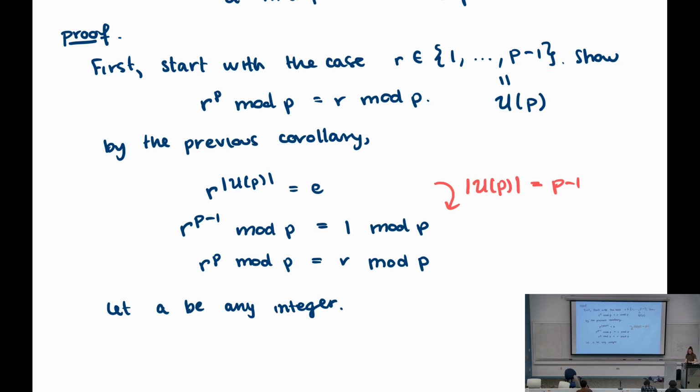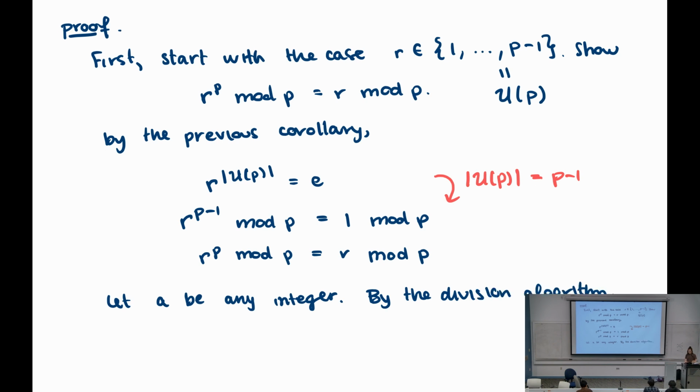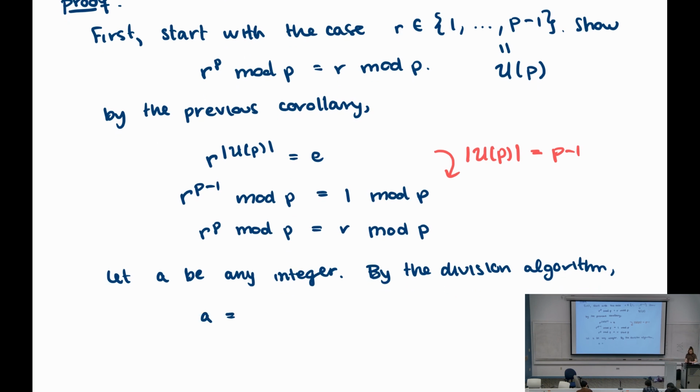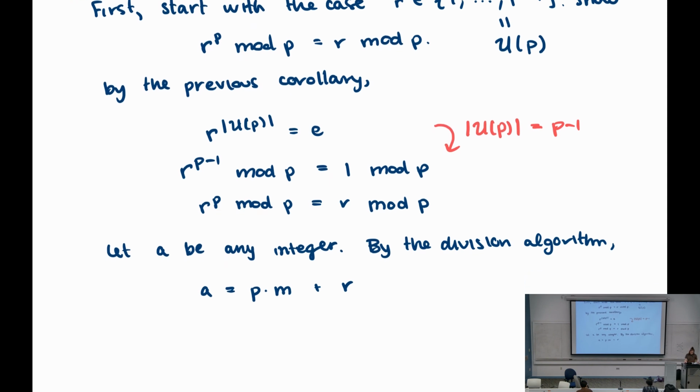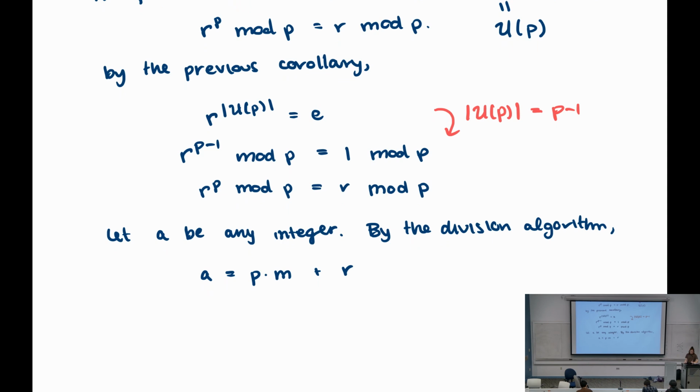And then by the division algorithm, I can write a is equal to p times some number m plus some remainder r. Okay, so if r is equal to 0, what am I looking at?